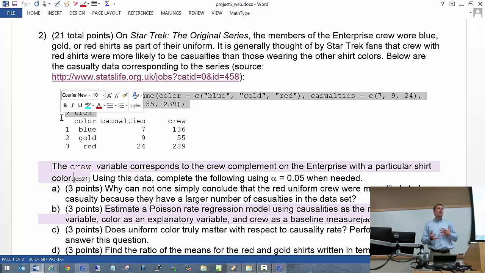Well, that's not quite correct, because while people die on the series, the Enterprise can get crew replacements. So this is not a binomial problem.